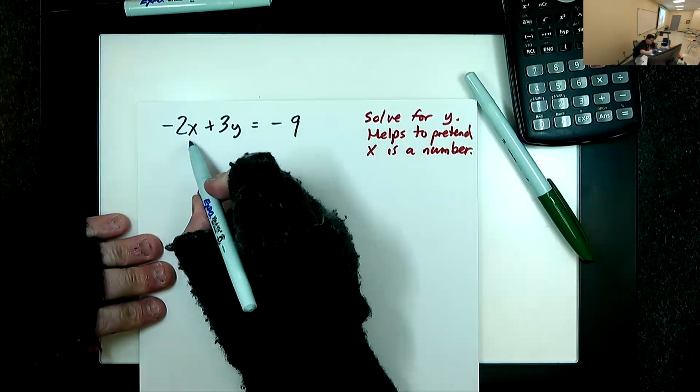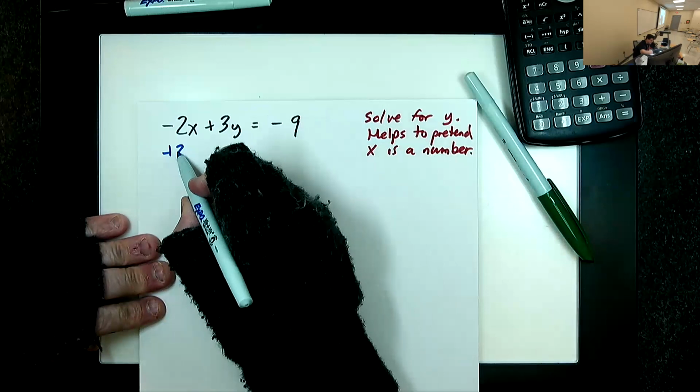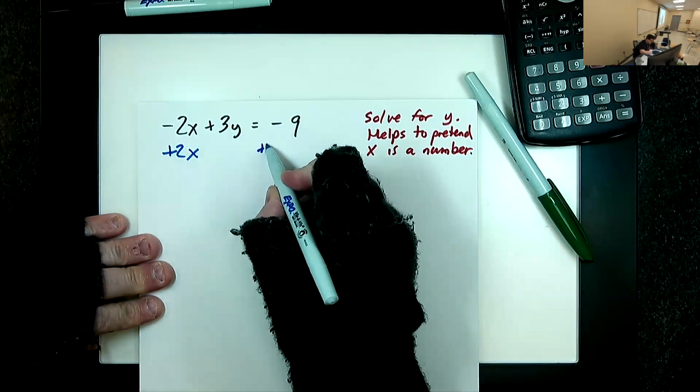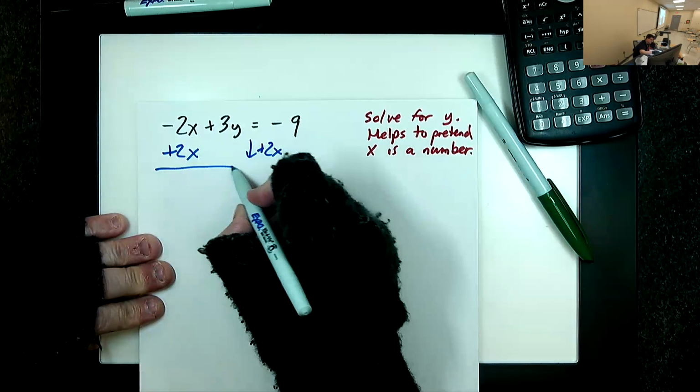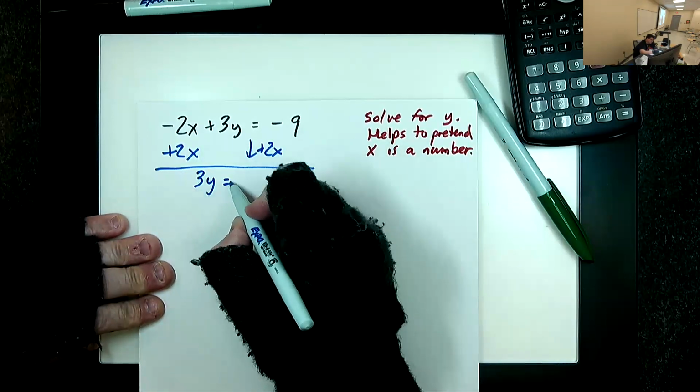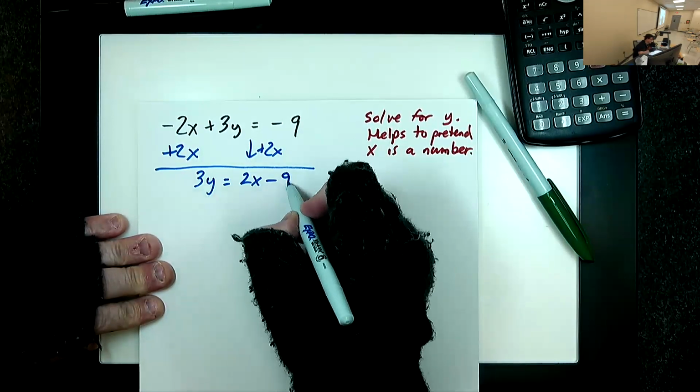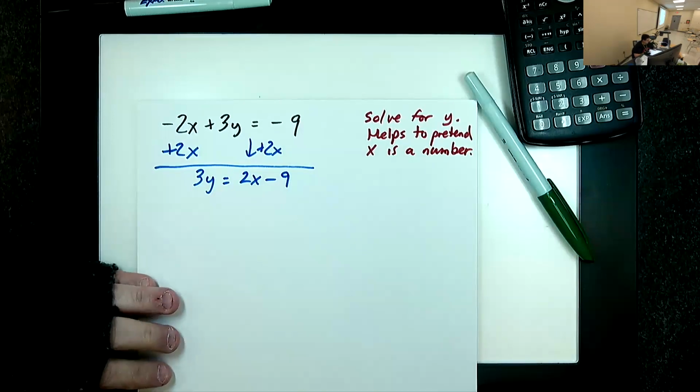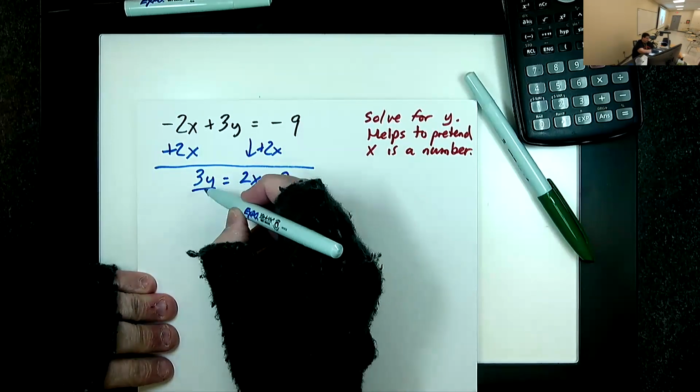We want to move the negative 2x over, so I can add 2x to both sides. And I can divide everything by 3.